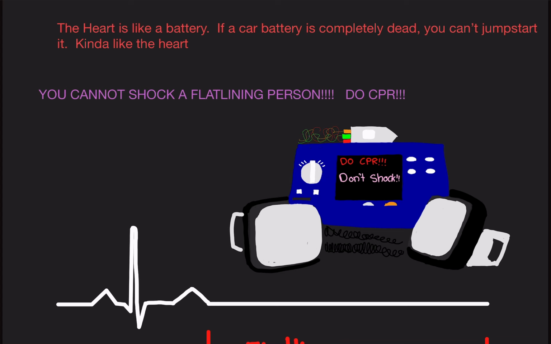So no matter how many times you shock a flatlining patient, nothing will happen. You need to do CPR. For you to shock someone, they must have some electrical activity. There needs to be some electrical activity flowing through the heart for you to actually shock a patient. So do not shock a flatlining patient, okay? It's really bad. That's called malpractice.